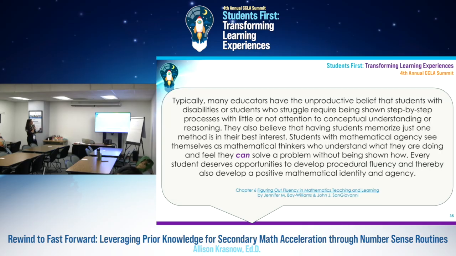What it goes on to say is that students with mathematical agency see themselves as mathematical thinkers who understand what they're doing and feel they can solve a problem without you just showing them the steps, without you showing them how. Everyone deserves these opportunities to develop procedural fluency and a positive mathematical identity and agency.